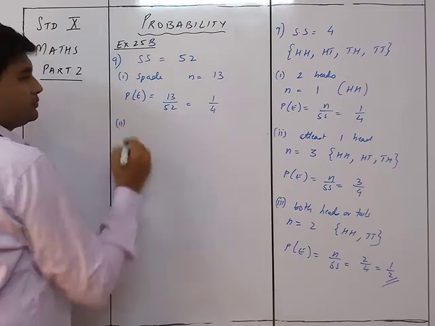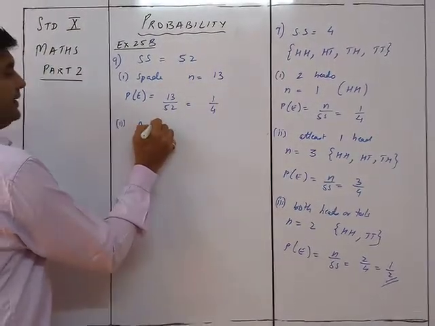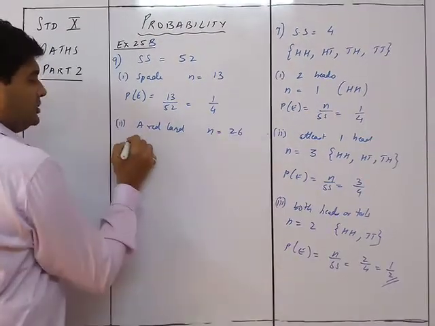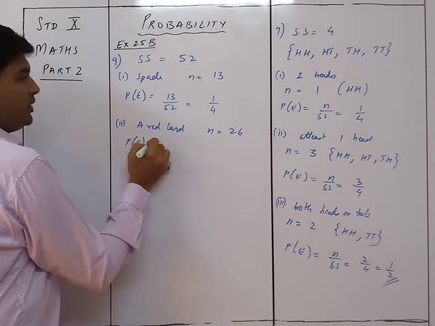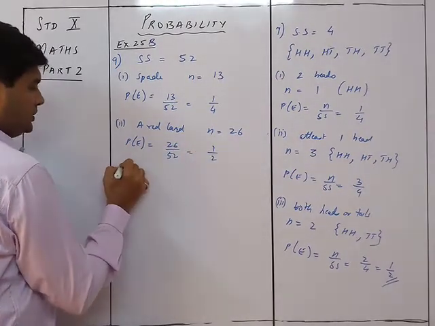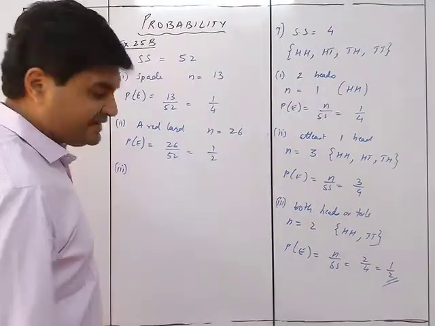Second one, a red card. We know n is equal to 26, so P(E) will be 26 upon 52, which is 1 upon 2. Third one is a face card.